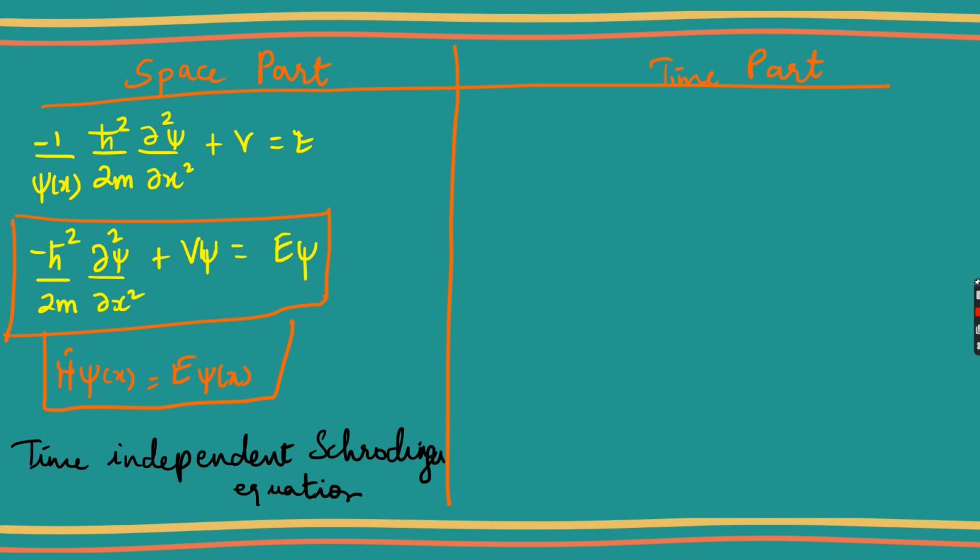So when we solve the space part of the time dependent Schrodinger equation, we obtain the time independent Schrodinger equation. So this is the time independent Schrodinger equation.